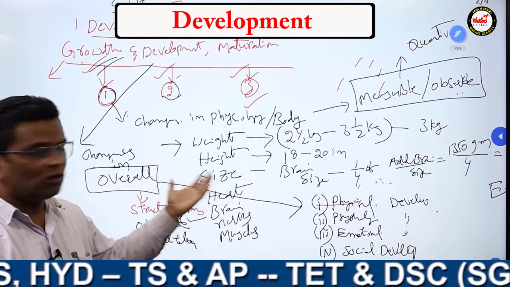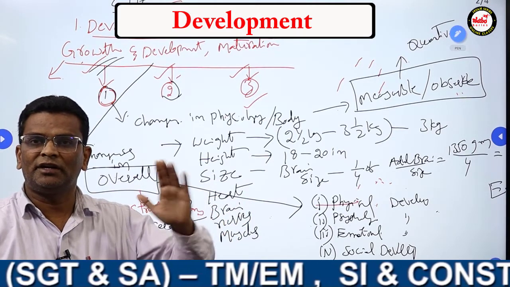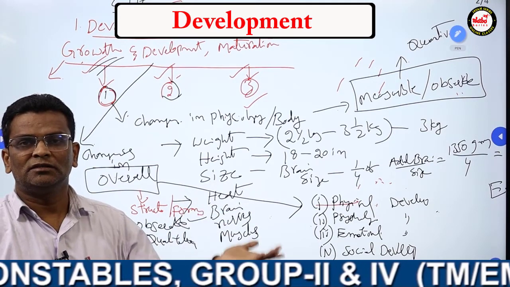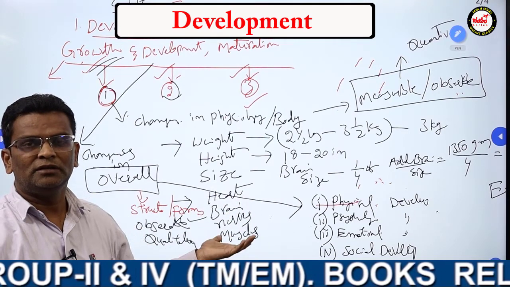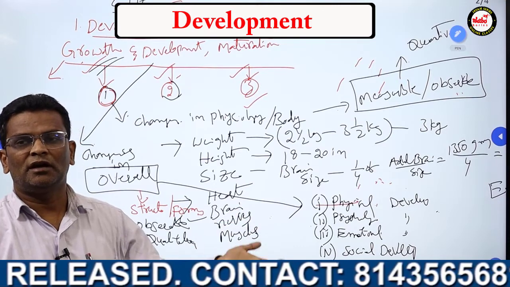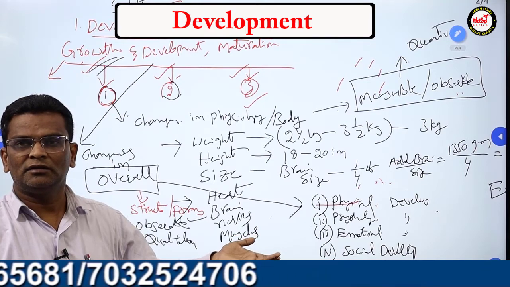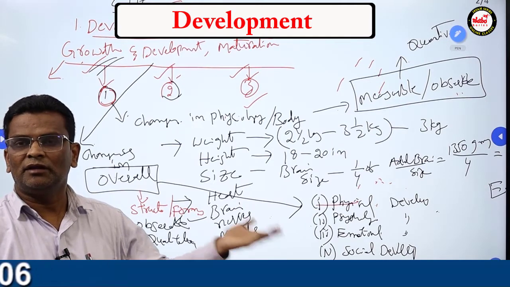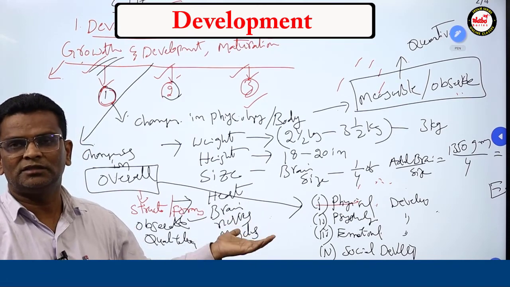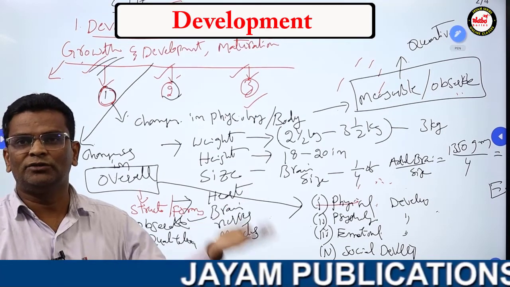This growth stops at one time. Means first is baby stage, then childhood, then adolescence, then adult, then old age. It stops, it ends. Growth ends at the end of maturity.